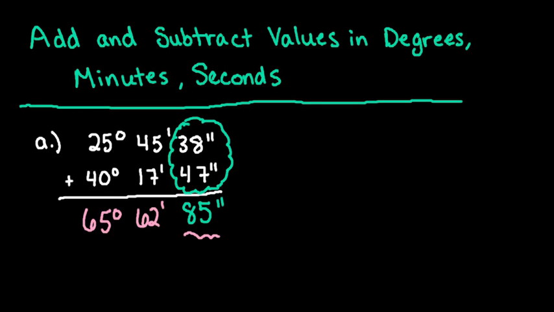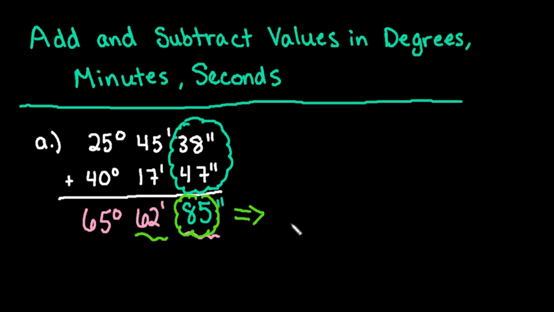But since our values for both our minutes and our seconds are greater than 60, we do have to change them. Like I said, it may be easier to start at the beginning to change them if you see that it's already over and go ahead and carry it. But what we're going to do is start with this part right here.